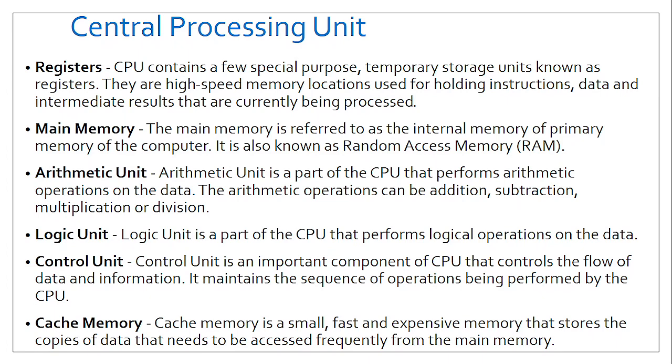Once it finds it within the cache memory, it processes it very fast. So the time it takes to go to the main memory is eliminated. That's why they normally say that when you have a lot of cache memory, your computer is going to process data very, very fast, because it is closer to the CPU, unlike the main memory.